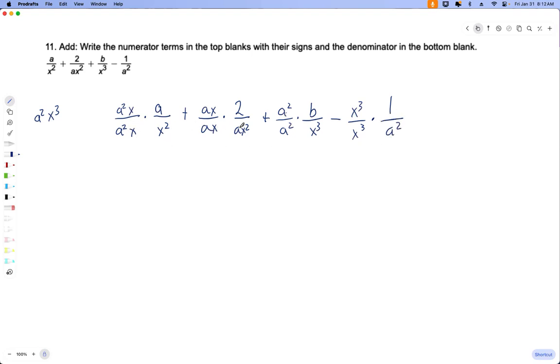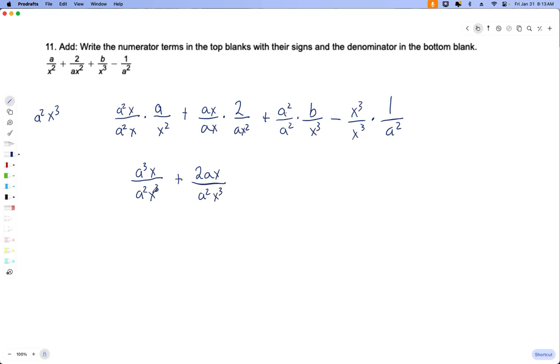Now they should all have the same terms across the bottom. So we would multiply. We'll do our multiplication now. So a squared times a is going to be a cubed x on top, but then we get a squared x cubed on the bottom. So that matches. Plus, now we have 2ax on the top, but we have a times a is a squared, and x times x squared is x cubed.